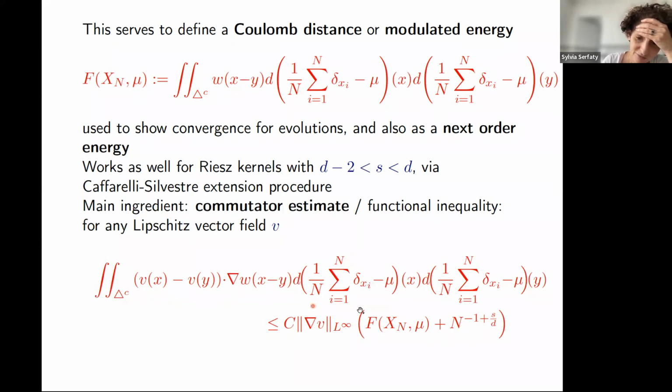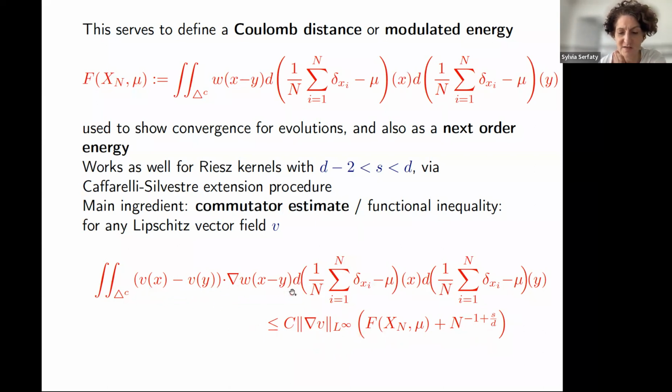So if you see an expression like this, V of x minus V of y dotted with gradient W of x minus y, and then you integrate it twice in the same way as before, this thing is controlled by the modulated energy F itself. So it's controlled precisely. There is an error term here, which is very small, N to the power -1 plus s over d. s is the Riesz power. So this is actually small. And this multiplicative factor depends on the Lipschitz norm of the vector field V.